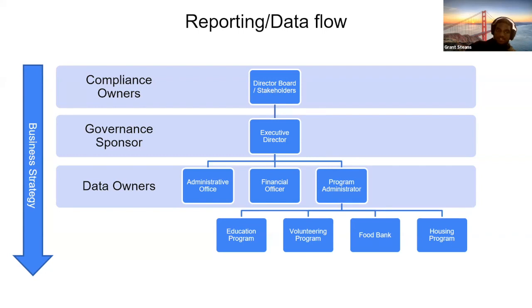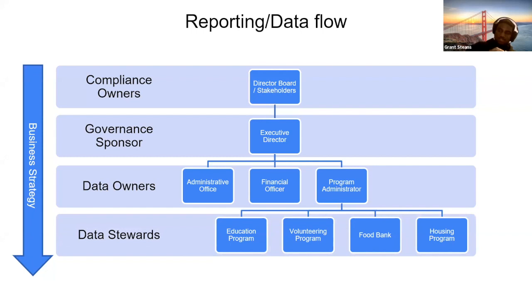And then underneath the data owners are the data stewards. So there will be the people that are facing, if not the executive end, then the user, customer, participant end of your programs, and really being the ones that see what is actually happening in the program and being able to report that to the data owners, to then move back up.